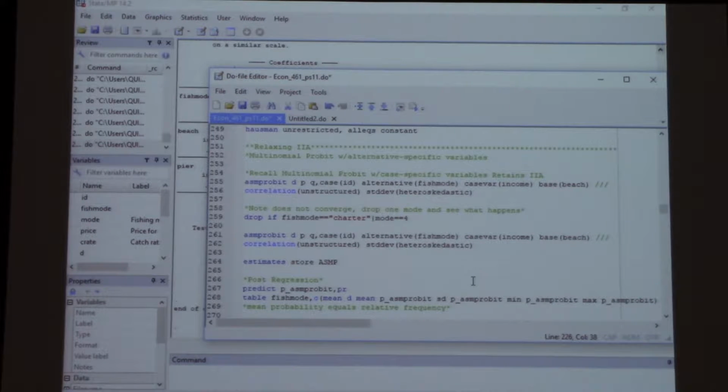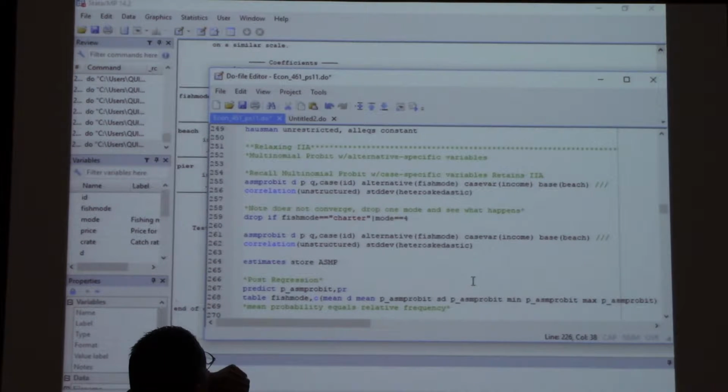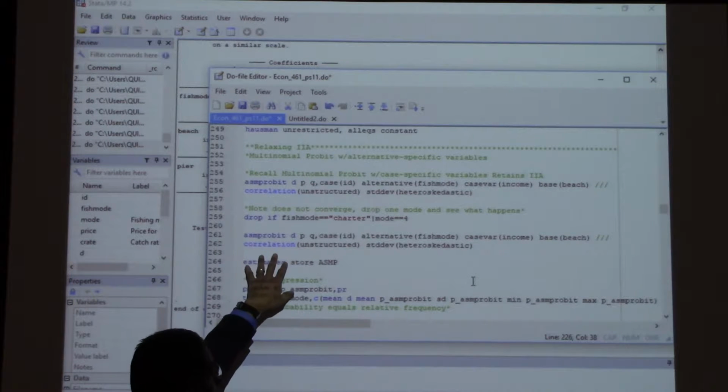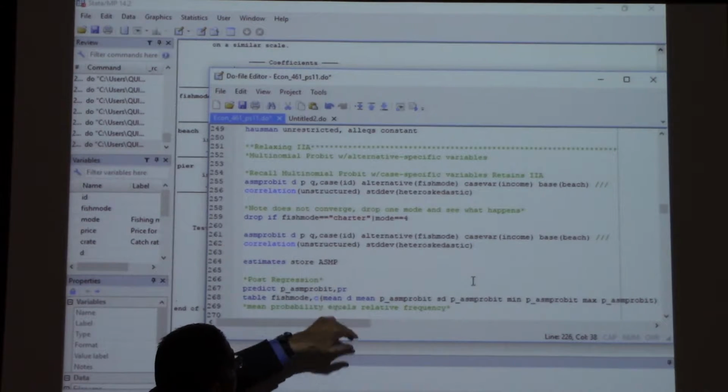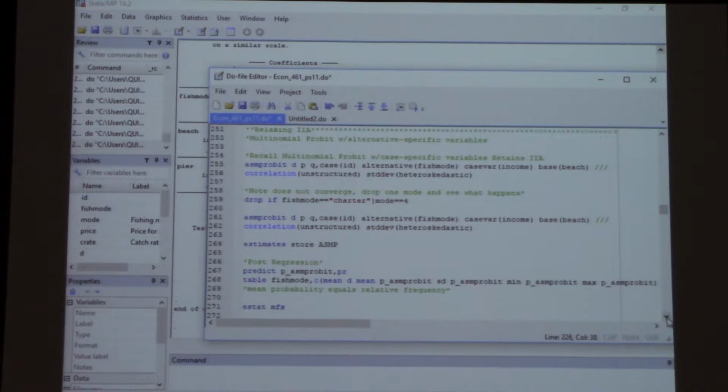But what we're able to do is allow for, in this case, the structure of our error terms. Here unstructured, heteroscedastic. So let's see if we can't do that with our other data set.